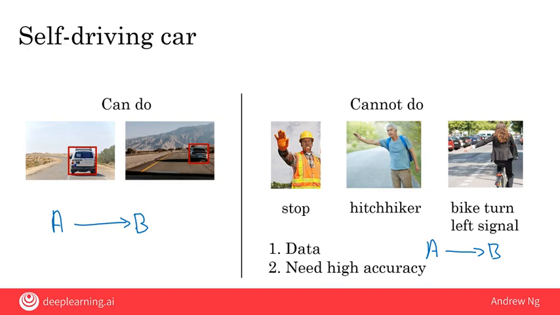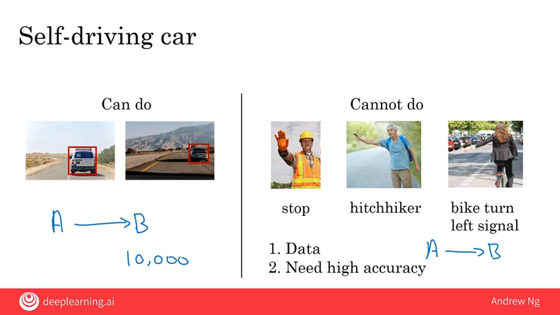And then second, because this is a safety critical application, you would want an AI that is extremely accurate in terms of figuring out whether a construction worker wants you to stop or wants you to go. And that makes it harder for an AI system as well. And so today, if you collect just say 10,000 pictures of other cars, many teams will be able to build an AI system that at least has a basic capability at detecting other cars.